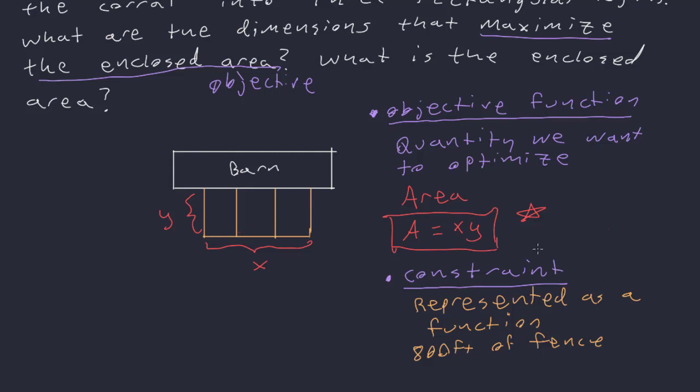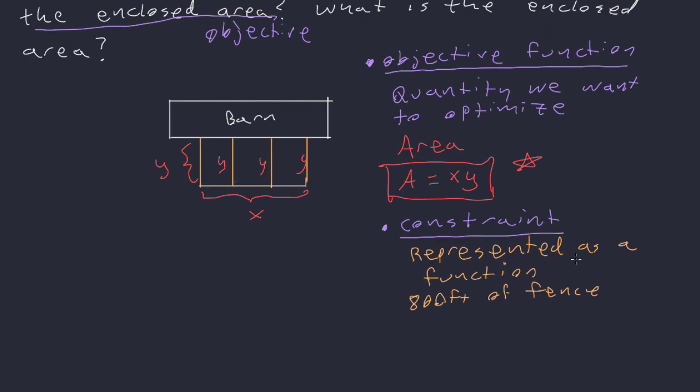And here's how we turn this into a function, right? Notice that the length y for our fence, we have 1, 2, 3, 4 y's, right? So we have 4 lengths of y and 1 length of x. Okay, so the amount of fence can only be 800 feet.